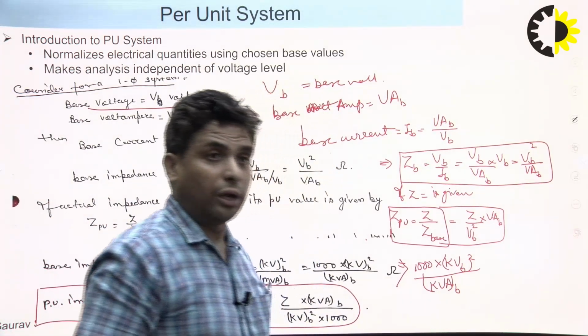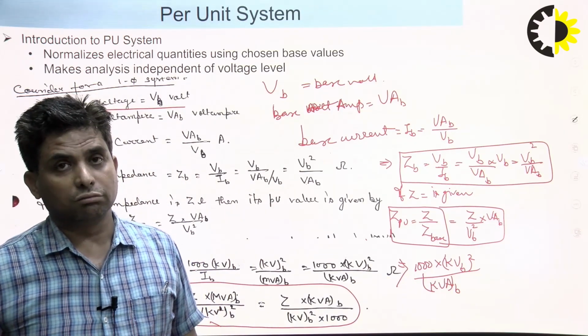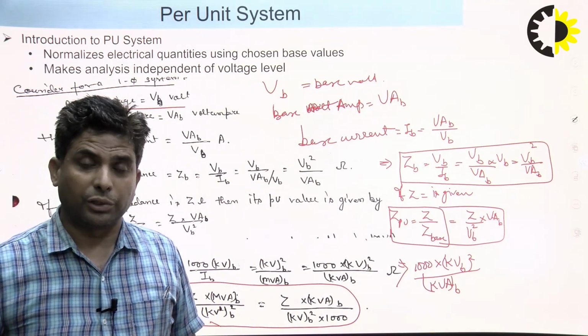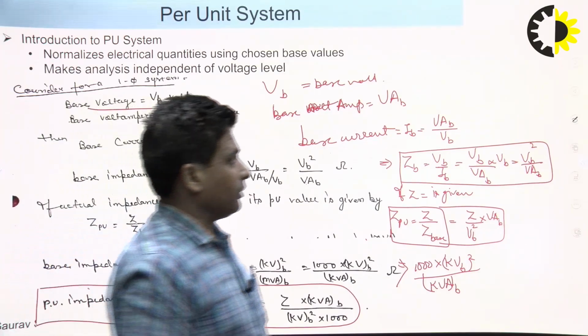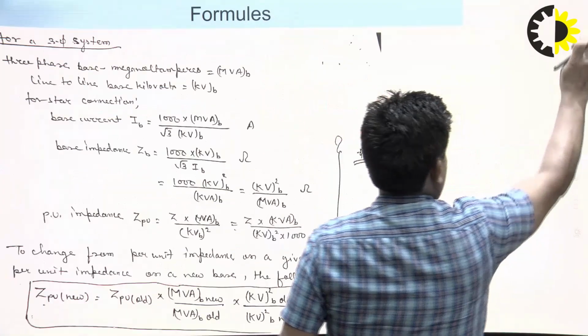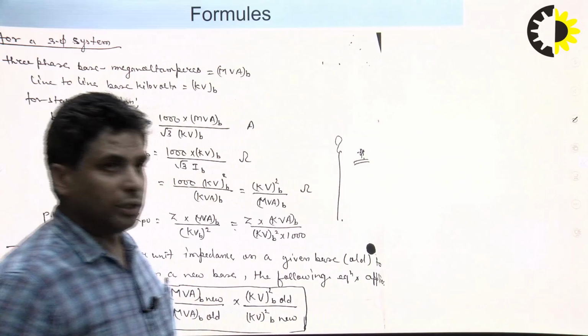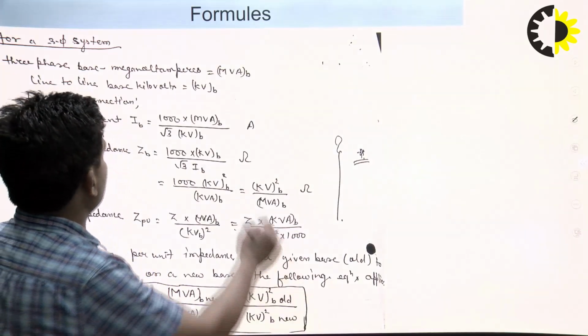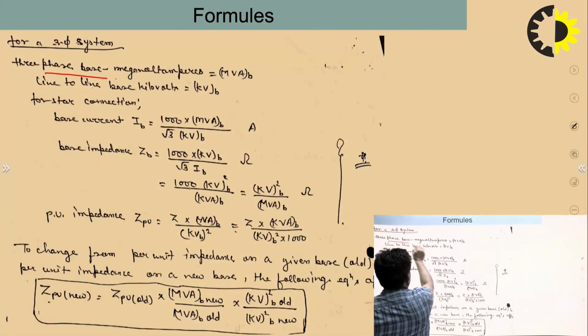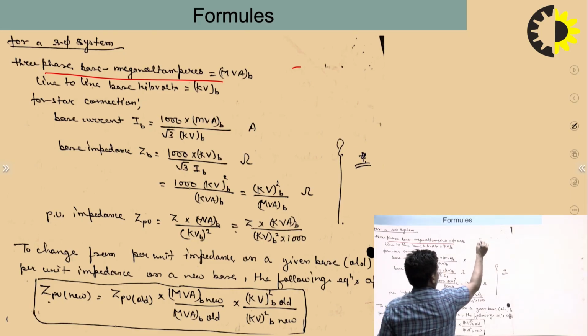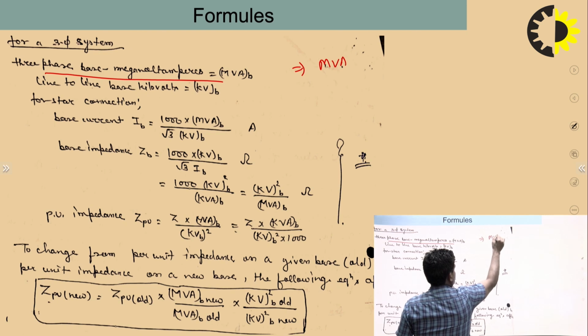And now we similarly calculate the base impedance or the per unit impedance for the three phase system. For the three phase system, we again choose the three phase base voltage magnitude and volt amperes. What is the base MVA?